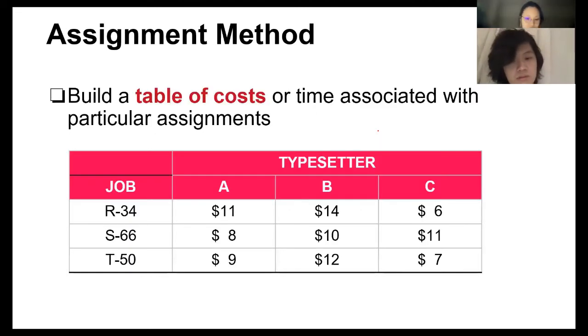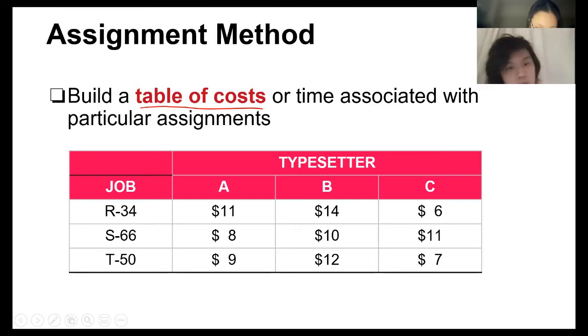Of course, we have many machines. So, of course, you need to have an estimate of the cost of doing a job for different job centers or operators. So we have a table of costs associated with doing the job or completing it.